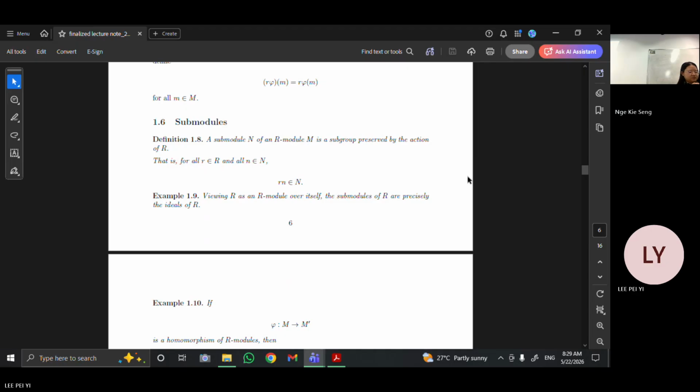And to verify a subset is a submodule, we check the closure under addition and additive inverse, and closure under scalar multiplication.